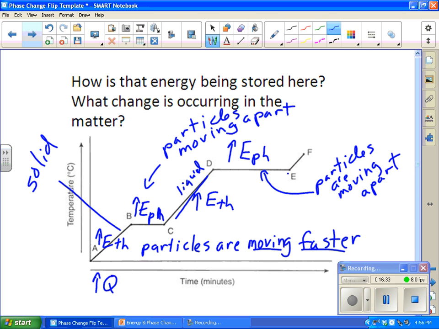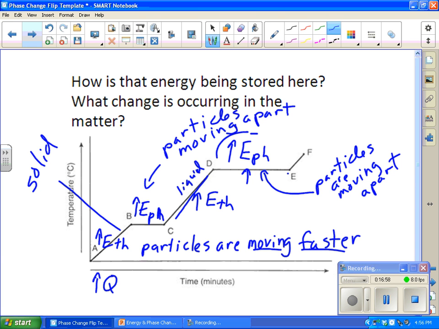So in this region, the particles that were held together by some attractive forces as a liquid are now moving farther apart. Those attractions have been overcome. There are more repulsive forces, and the particles are moving farther apart with an increase in the EPH.